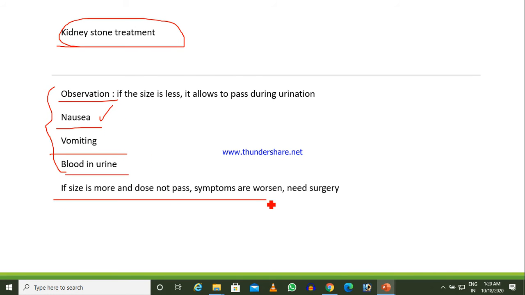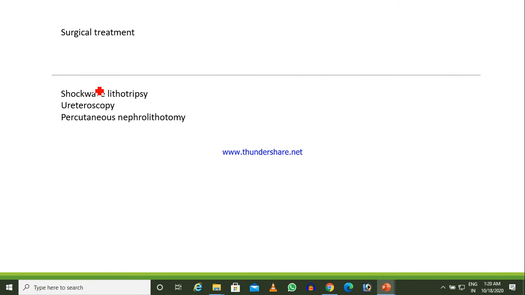But if the size is more than 1 centimeter, then it needs surgery. This kind of thing will not give you a fruitful result. So in the surgical treatment, there are 3 options: shockwave lithotripsy, ureteroscopy, and percutaneous nephrolithotomy. I'll cover them briefly, because we just need a very basic idea, we need not understand that much depth of that.